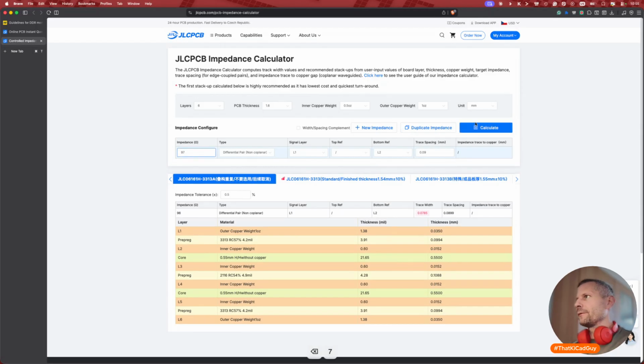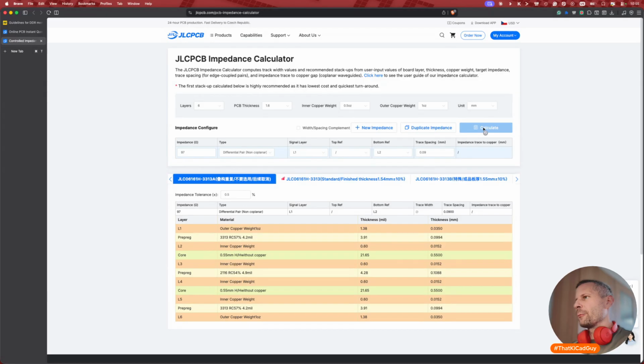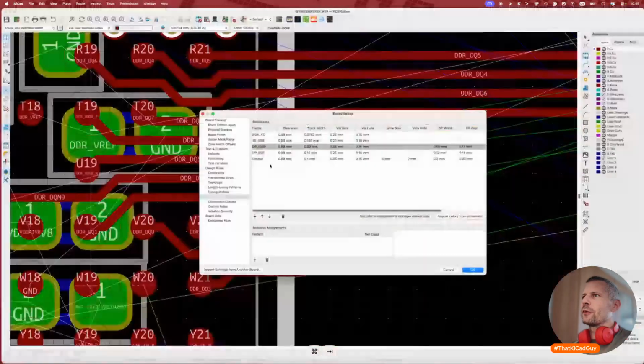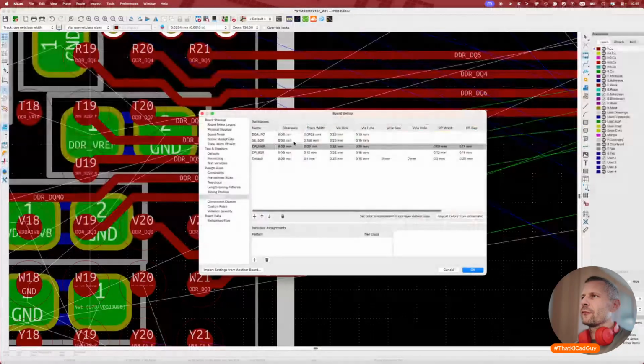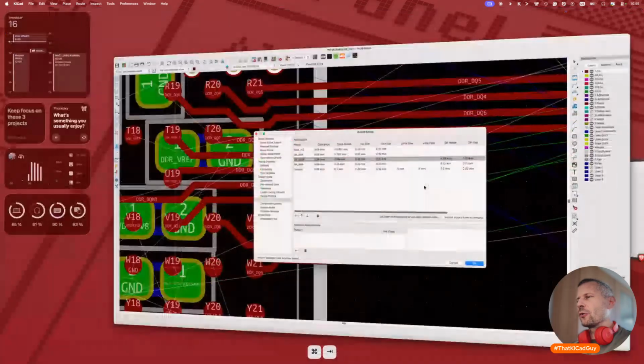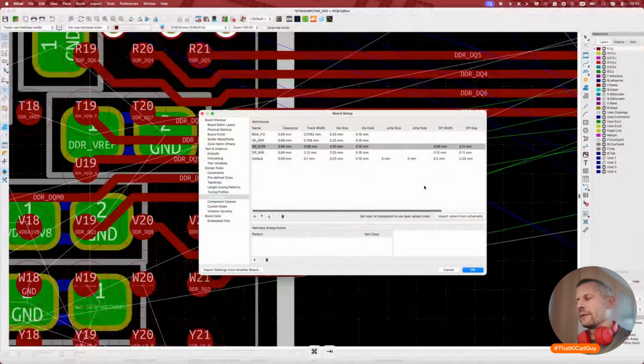So if I use the same numbers for the pair as we have the minimal numbers, it will give us 97 ohm differential pair impedance, which is within the tolerance. And this will give me the opportunity to route it.